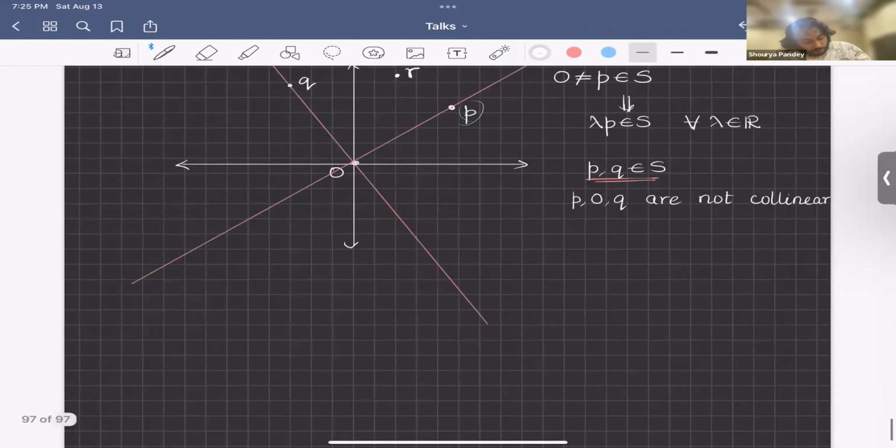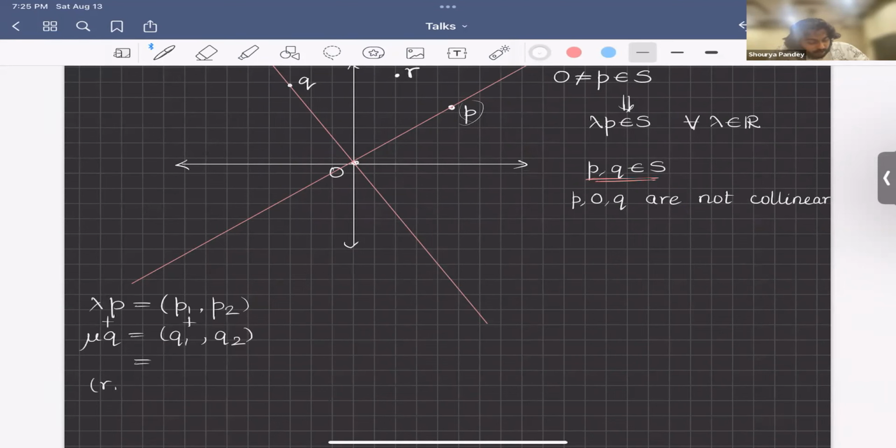Let's just look at a proof of this. So let's say P is P1, P2, and Q is Q1, Q2. And I want to find lambda and mu such that their sum is R1, R2, where R1, R2 is arbitrary.